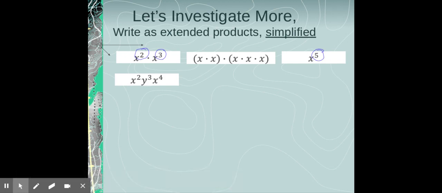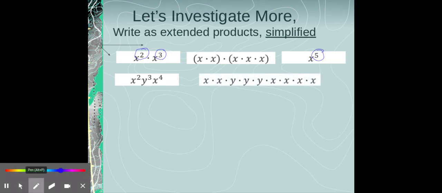So x squared will become x times x. y to the third will become y times y times y. And then our x to the fourth is x times x times x. Well, let's bring it all back together. It looks like there's 1, 2, 3, 4, 5, 6 x's and still 1, 2, 3 y's. So I think that will become x to the sixth and y to the third.